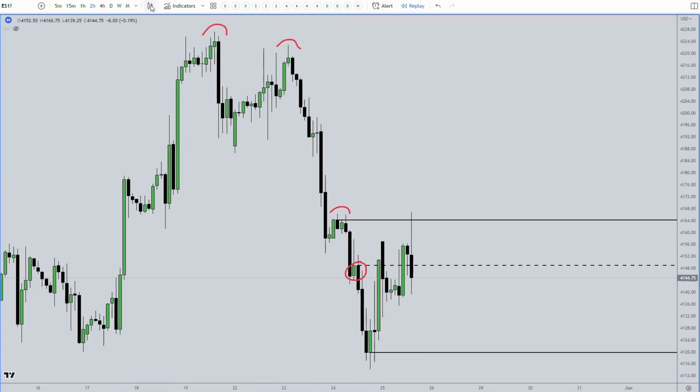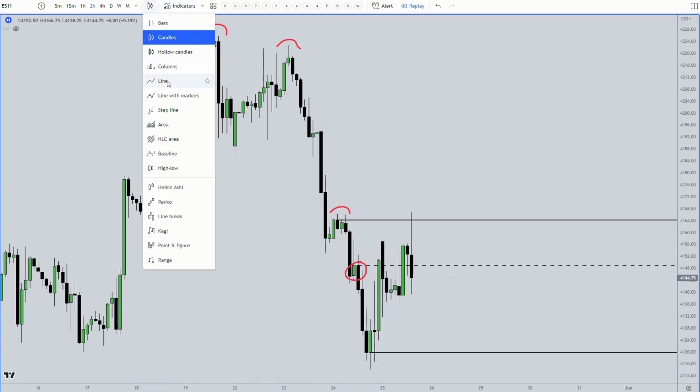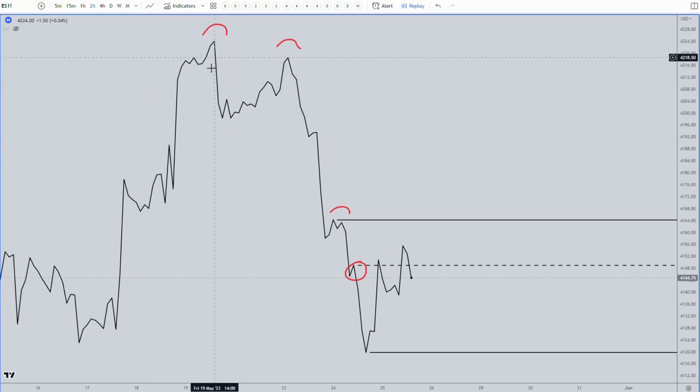However, at times in these situations it really also helps to put on the line chart, because there the swing points, if you rely on closing prices for your market structure, become a lot clearer.